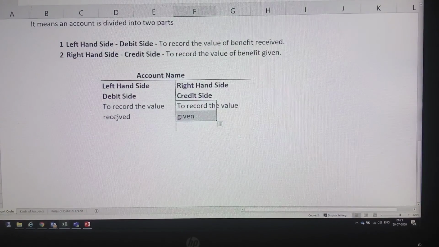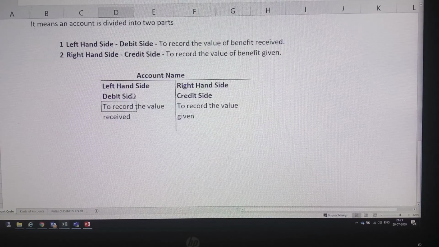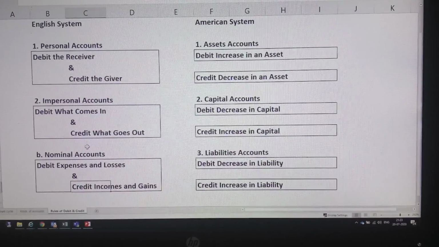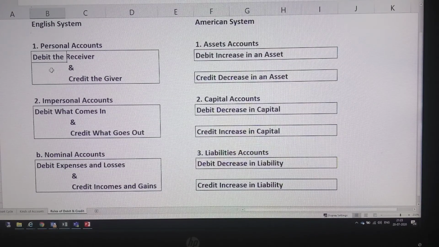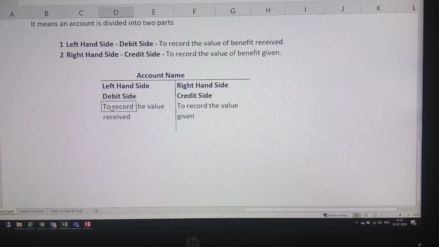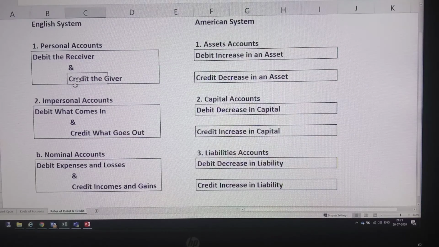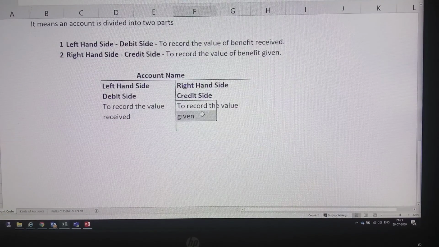So if you go back to our account here, this is how it will look when we start recording our transactions. A personal account, debit the receiver, is to record the value received. So we will be recording it on the debit side. Here, credit the giver to record the value given.